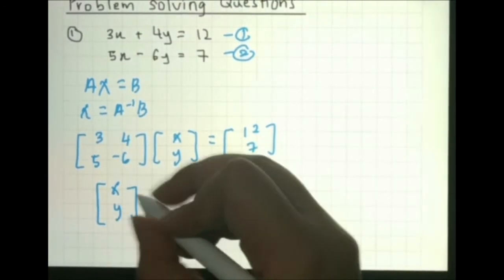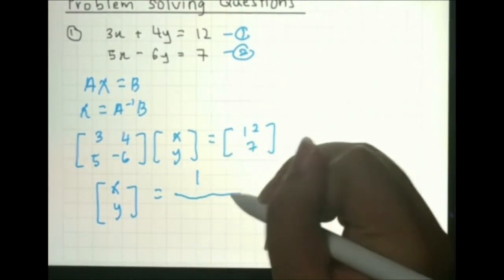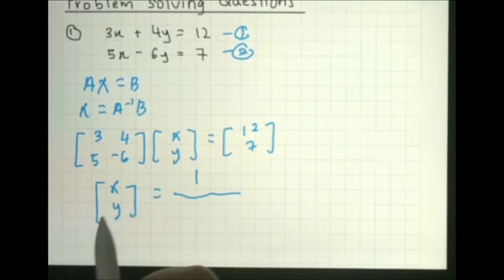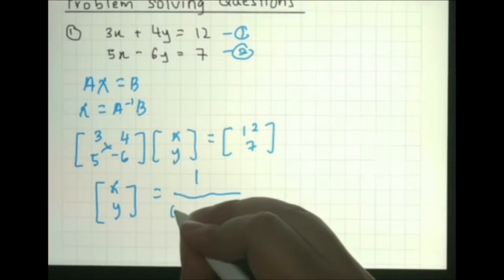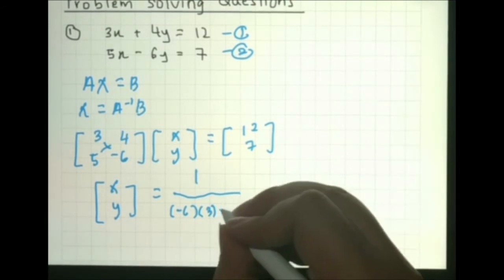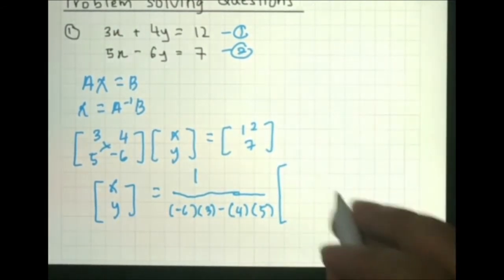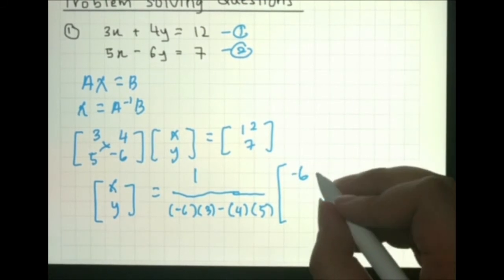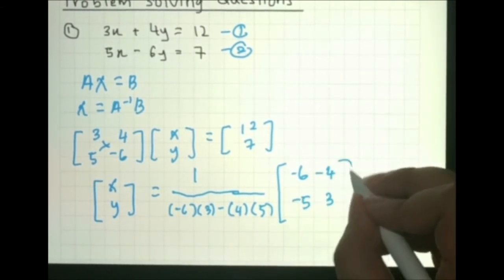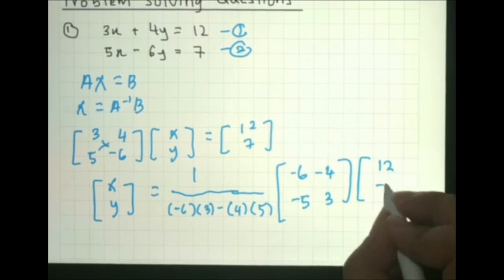x, y equals the inverse, 1 over, that line is not pretty, negative 6, 3 minus 4, 5, times negative 6 and 3 changing place, and negatives to B and C, times 12, 7.